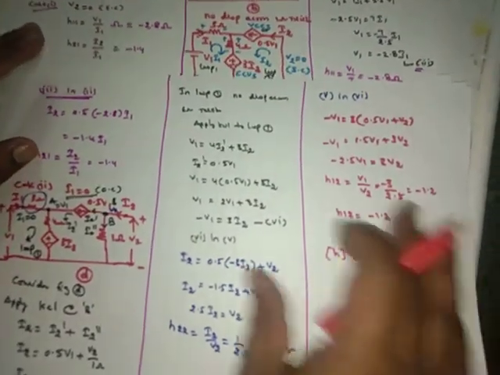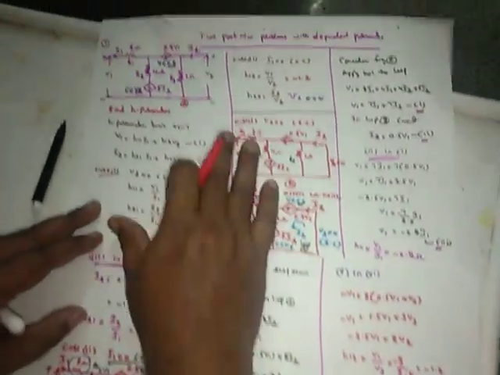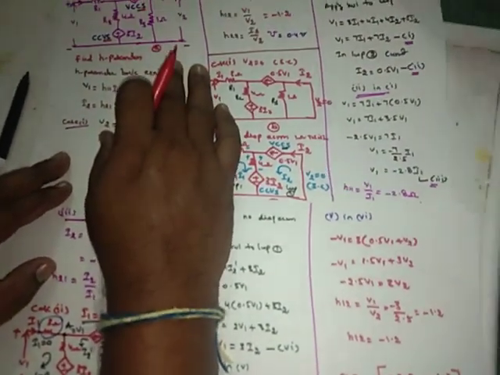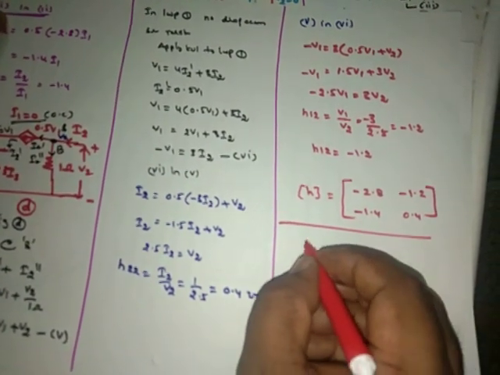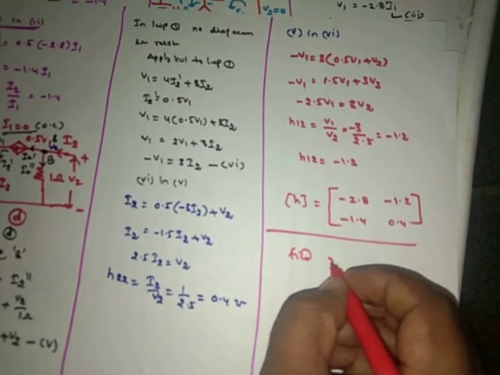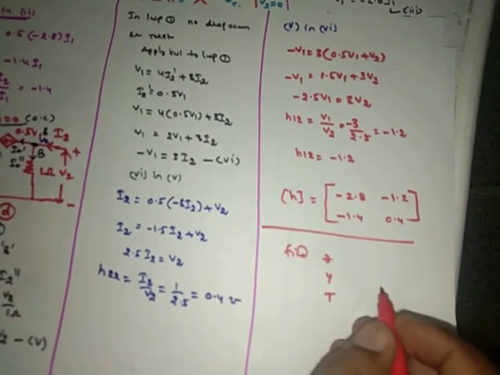So like that you can find. Okay, this is the complete solution for the given problem. Like that you have to find the H parameters. Now I request all students, once you know the H parameters, you can easily find Z parameters, Y parameters and T parameters.